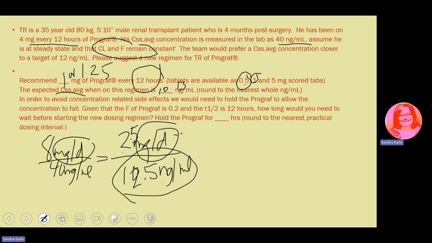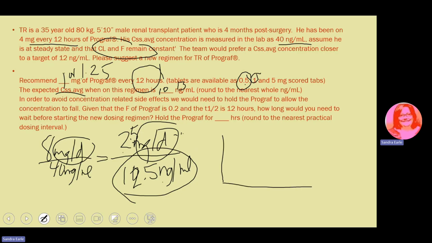All right, so we've got too much. So how long are we going to hold the drug before we start our new regimen of 1.25 milligrams Q12? Well, this is a decay problem, right?